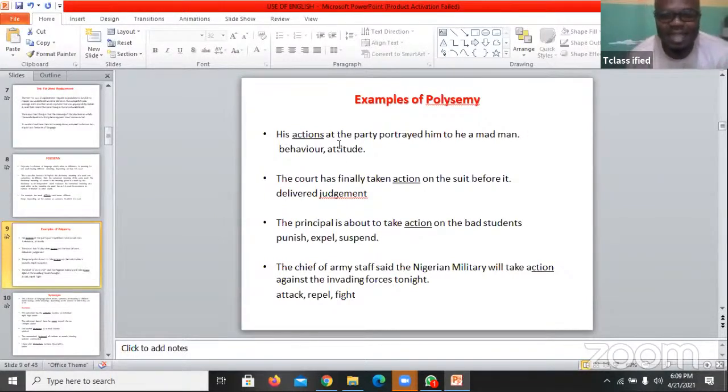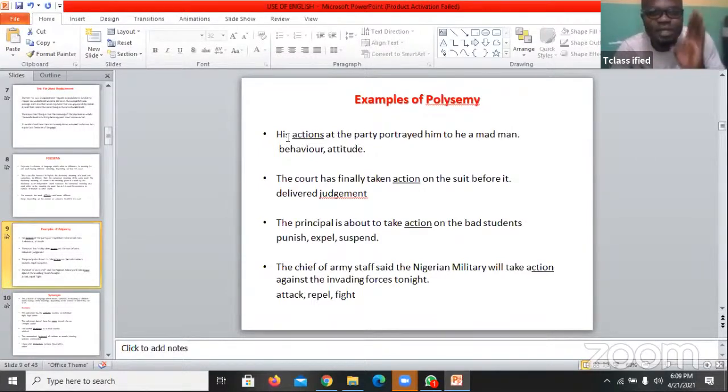So we can see now that action is having different meanings in context. When you say action, what is the meaning of action? If you go to the dictionary, you see the meaning of action. But in this case, where you have action appearing in different sentences, we're talking about the meaning of action in context. When you say in context, it simply means considering action and other words that are around it. So the meaning of this action depends on what you read after looking at the action.